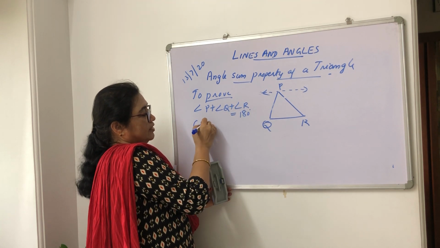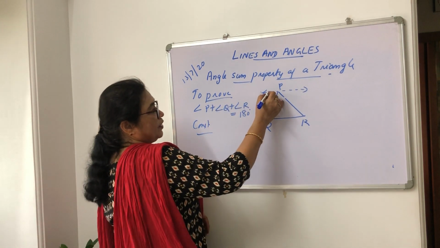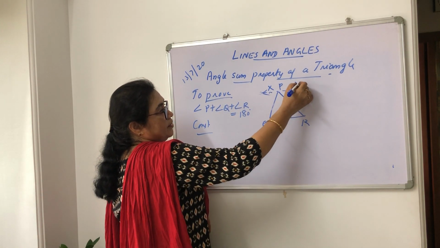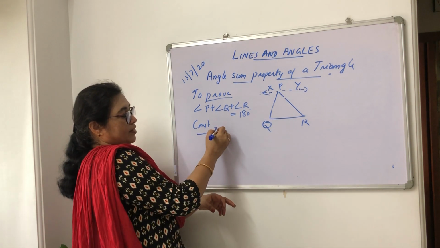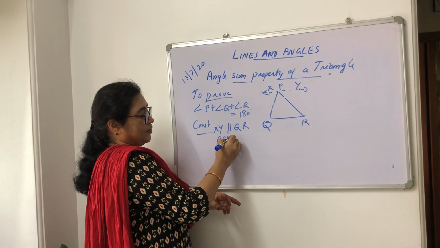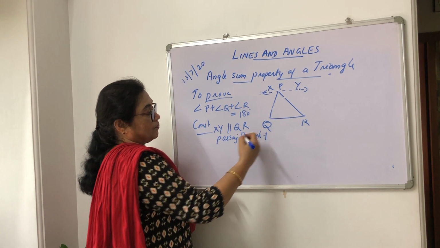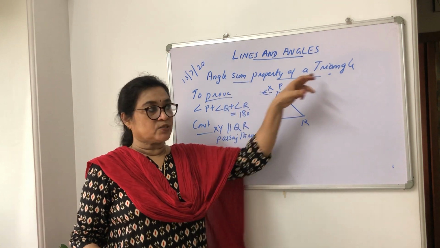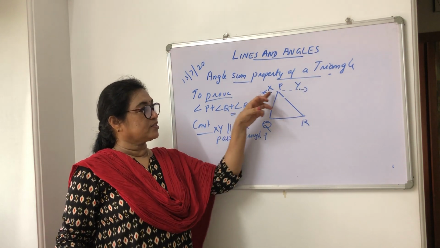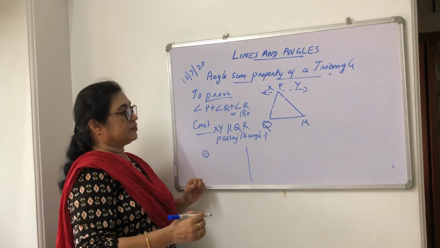So construction: you draw a line XY parallel to QR passing through P. So I am going to prove this first point.